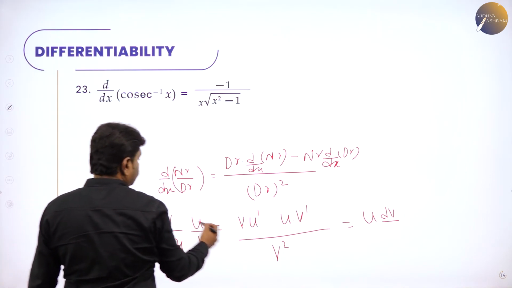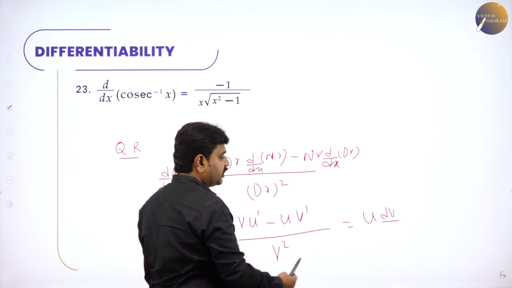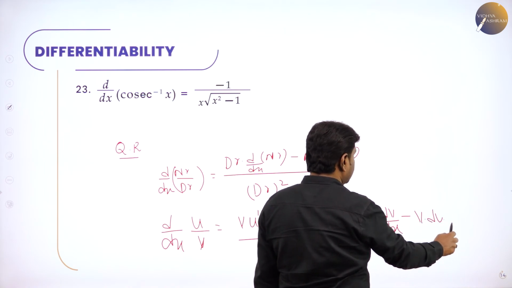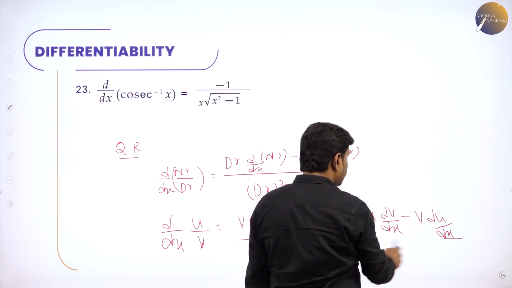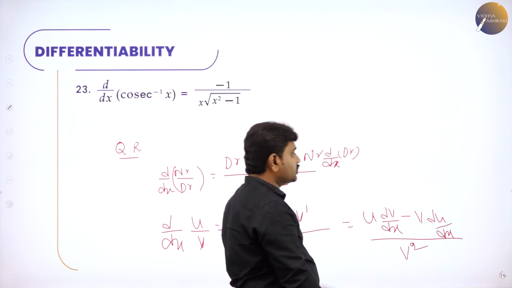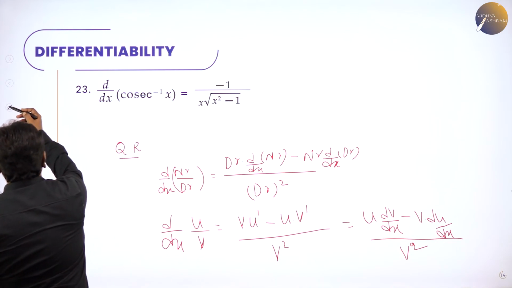Denominator into derivative of numerator minus numerator into derivative of denominator. That is v into du by dx minus u into dv by dx. Here u and v are treated as what? Functions.